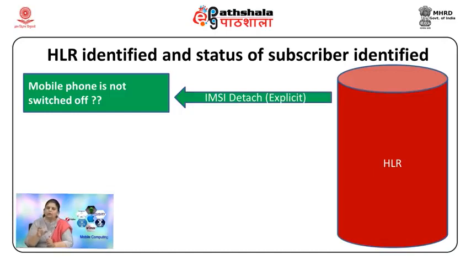We know that the HLR, home location register, is a database. A database contains information related to the mobile subscribers who are subscribed within that area. IMSI Attach and IMSI Detach are 2 fields which change periodically as the mobile phone is in different states. The literal meaning of detach is disconnected.